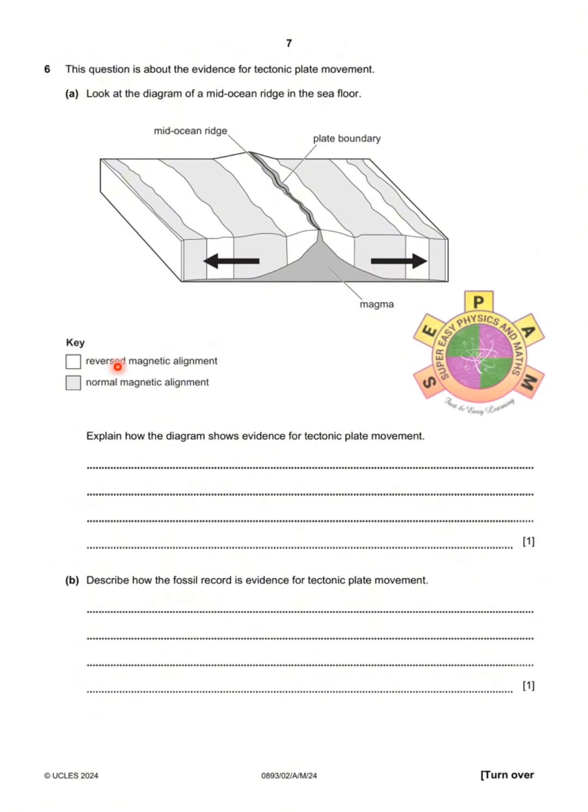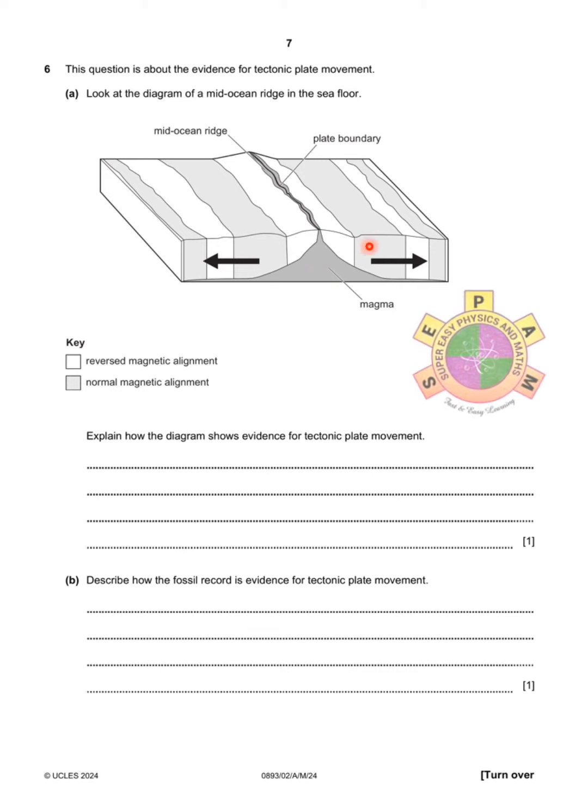If you see the white portion of the sea floor, you have the normal magnetic alignment, which is the gray portion, while the white portion shows reverse magnetic alignment.